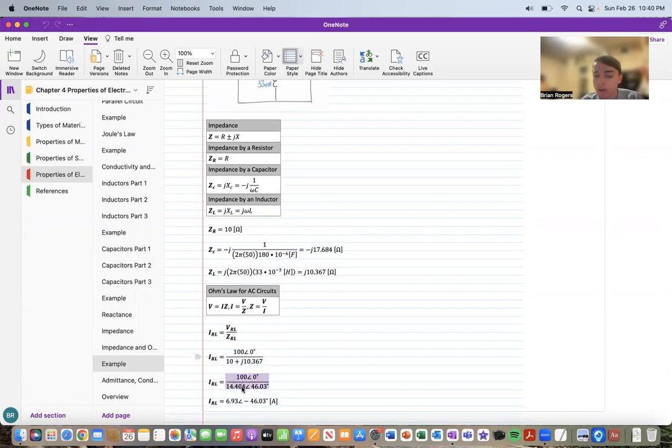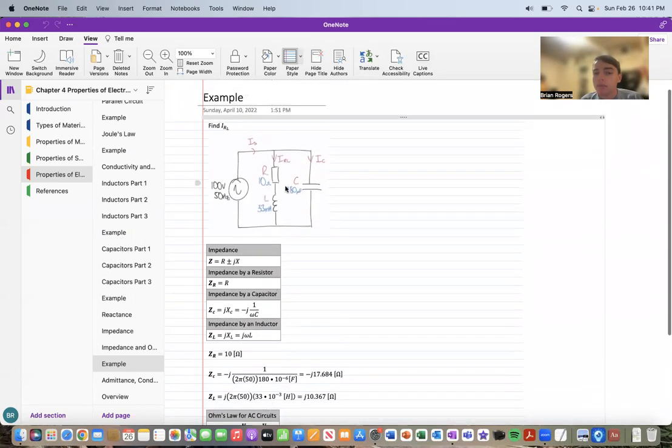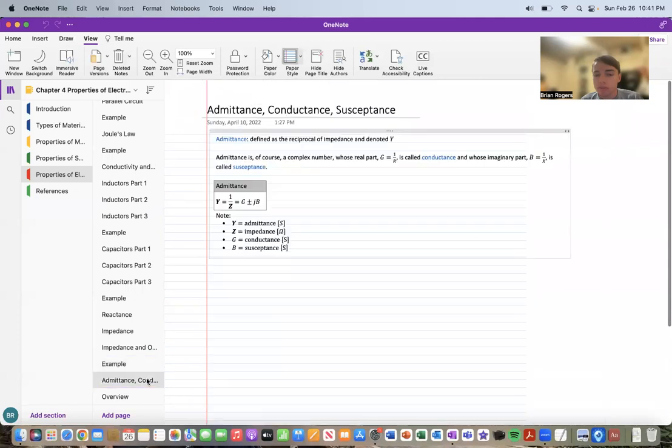So 100 divided by 14.404. And the phase angles are going to subtract. So it's going to be 0 minus what's in the denominator. And so that's what you're going to do in order to find the total current flowing through your resistor and inductor.